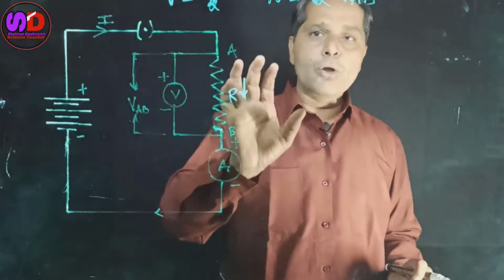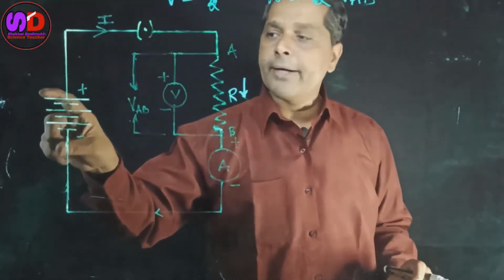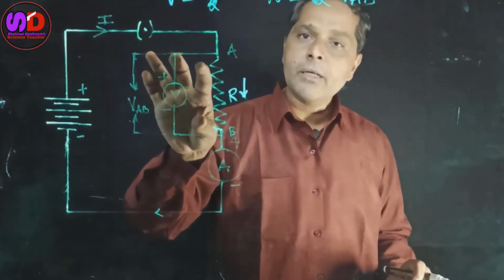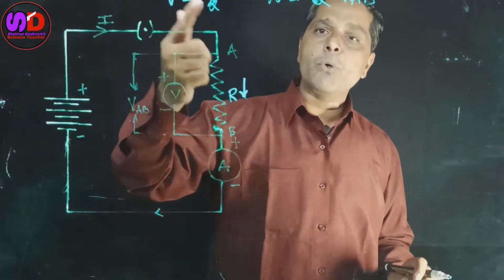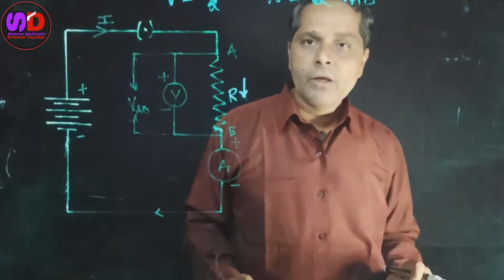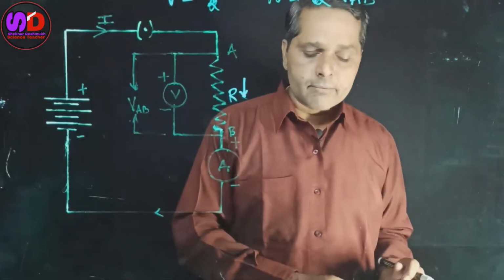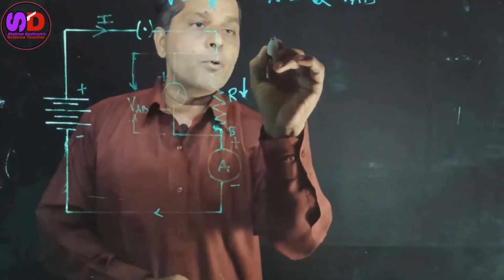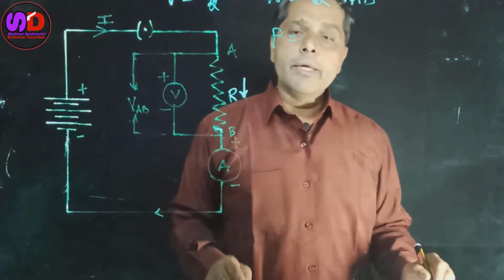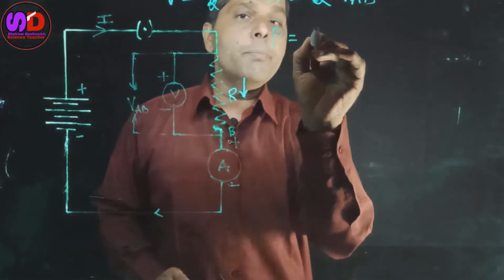Because we know work done must be equal to the energy provided by this battery, since this work is done because of the energy provided by this cell or battery. So what should be the electrical power here? Suppose P is electrical power, then electrical power is given by energy per unit time.